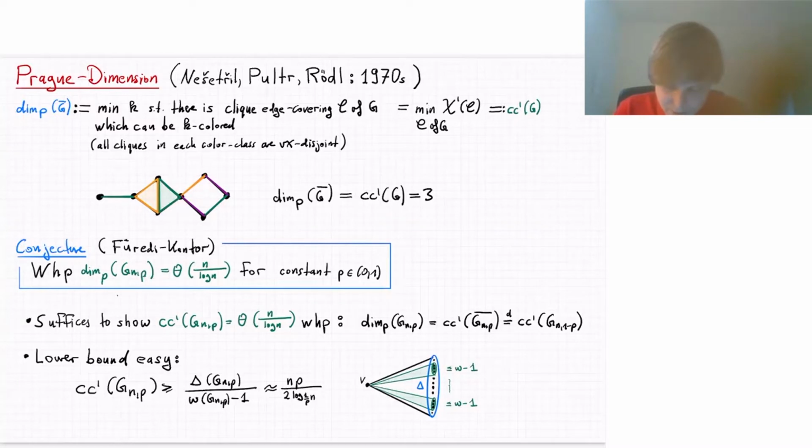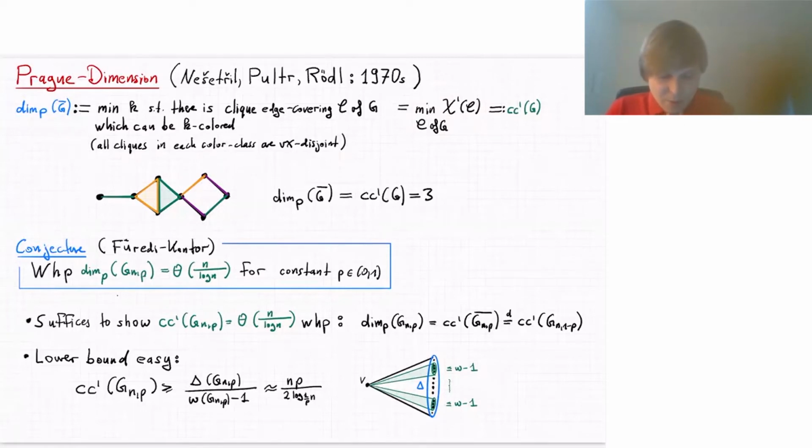Okay, and another way to write this definition in a more compact form is to use some notation where we involve the chromatic index. So we can think about here that we take the minimum over all clique edge coverings of a graph G, and then we look at the chromatic index of this clique covering. So the idea here is that you can think of a clique covering just as a hypergraph with vertex set 1 up to n, and the edges of that auxiliary hypergraph correspond to the cliques in your edge covering.